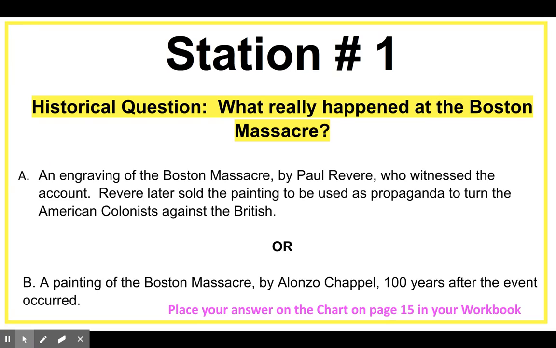Although, because I know source A is biased, I would definitely go look for other sources to see if they agree with Paul Revere. So I said I trusted it because Revere was in Boston at the time. So this would be a primary source because it was created at the time the Boston Massacre occurred. All right.